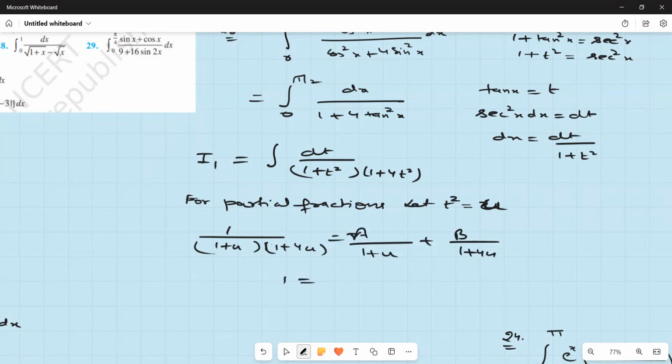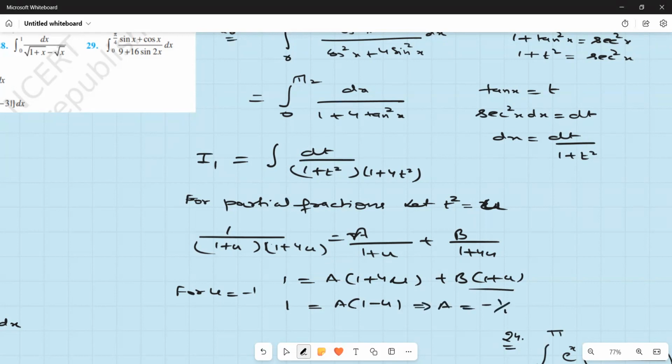So 1 is equal to a into 1 plus 4u plus b into 1 plus u. So for u is equal to minus 1, this is 1, a into 1 minus 4, and the b term will become 0. So the a value is coming minus 1 by 3.